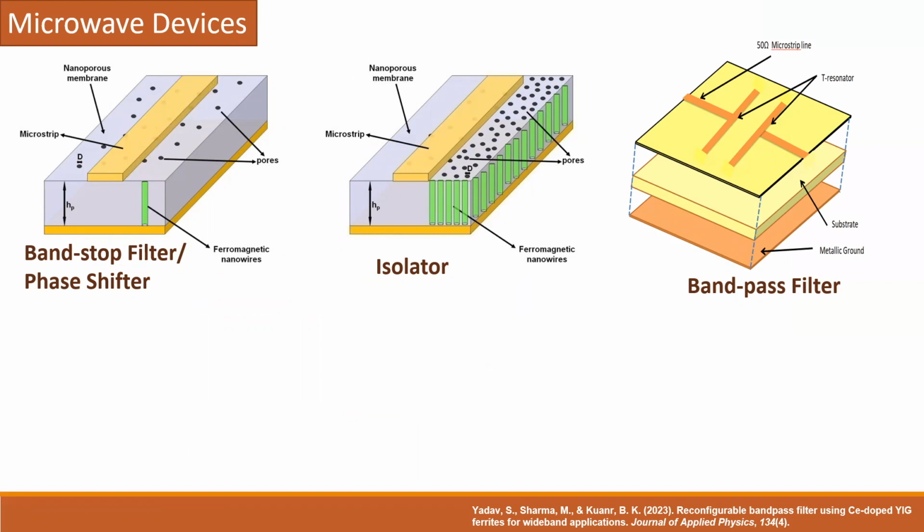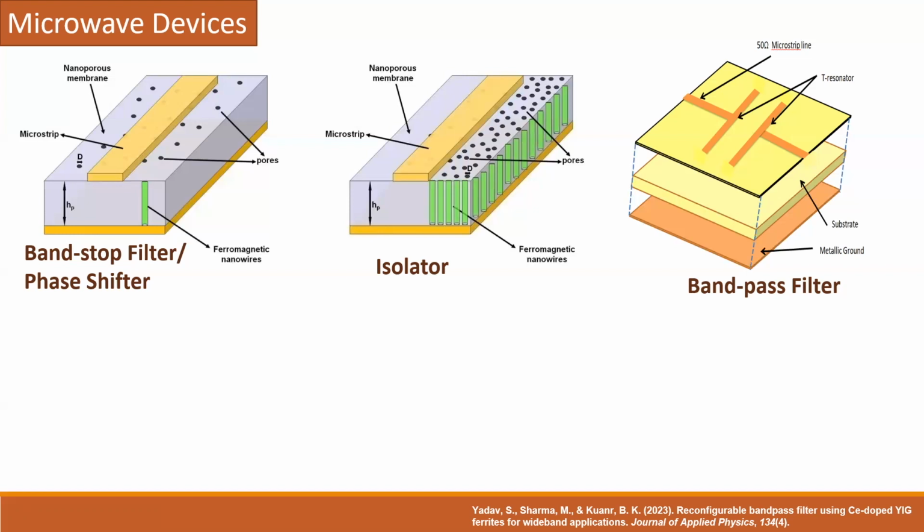The isolator is another category. An isolator is a type of device: if you transmit the signal from port 1 to port 2, it transmits that signal. But when the same signal goes from port 2 to port 1, the behavior will not remain the same, so it creates an isolation in the sending of information.